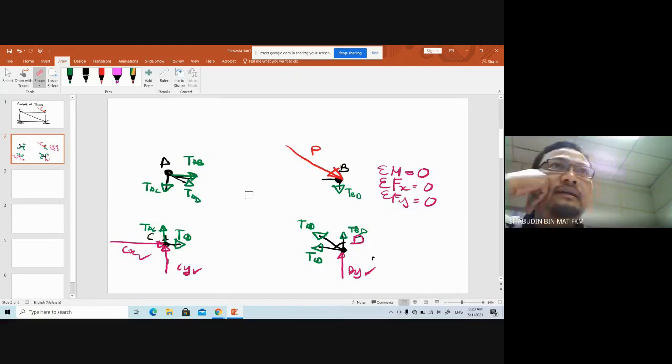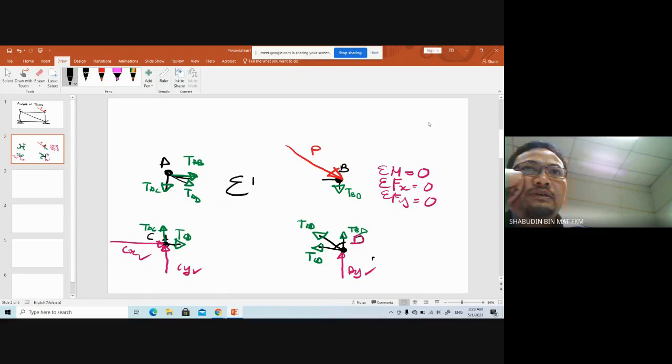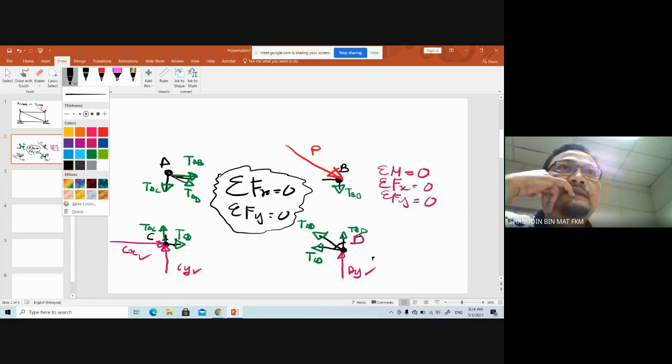Again, you do summation of force in X equal to 0, summation of force in Y equal to 0 for all conditions, for every point there.